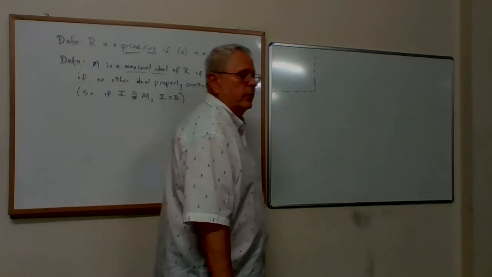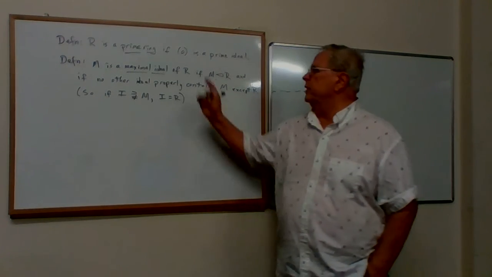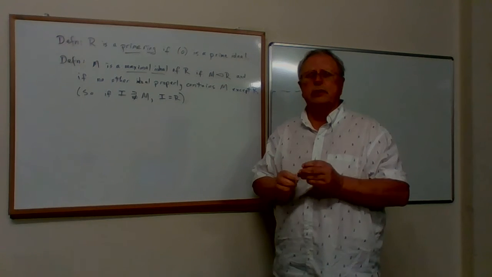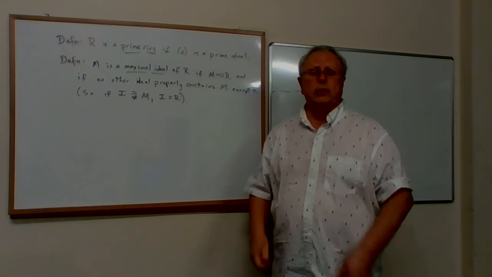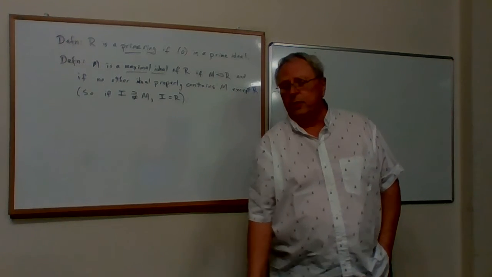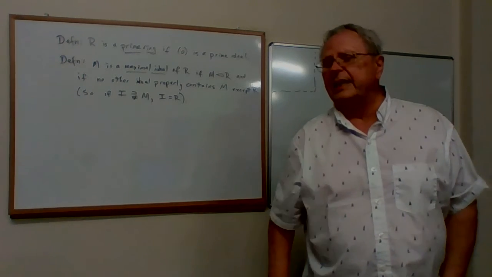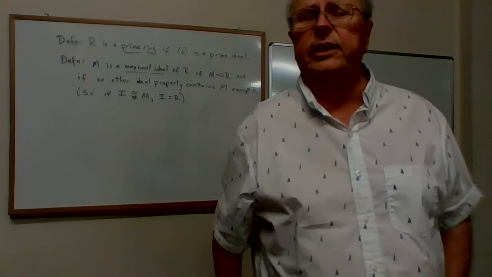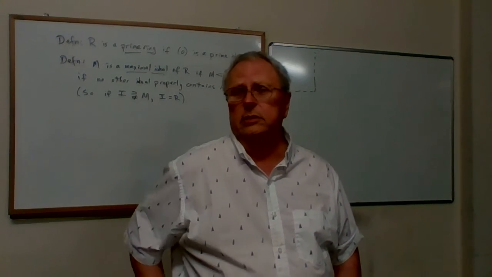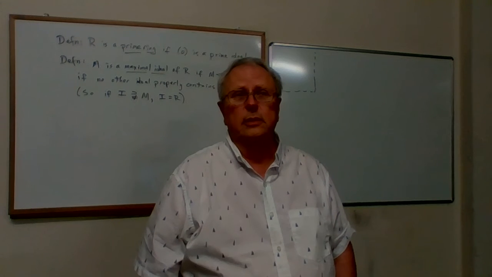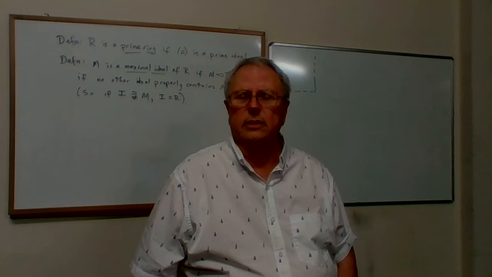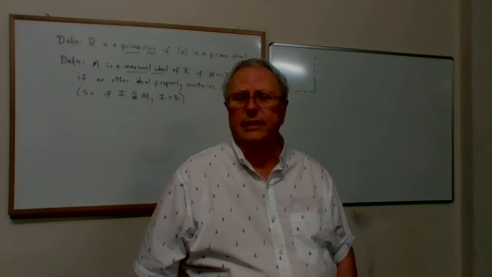Now notice that in the example of the integers, let's take the prime multiples of the integers, 7Z. Is there any ideal of the integers that contains 7Z properly? And the answer is no, because Z is a principal ideal domain.